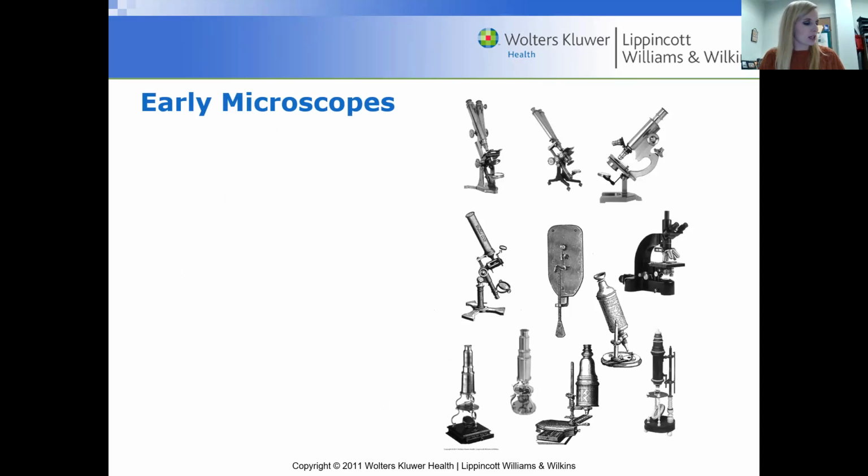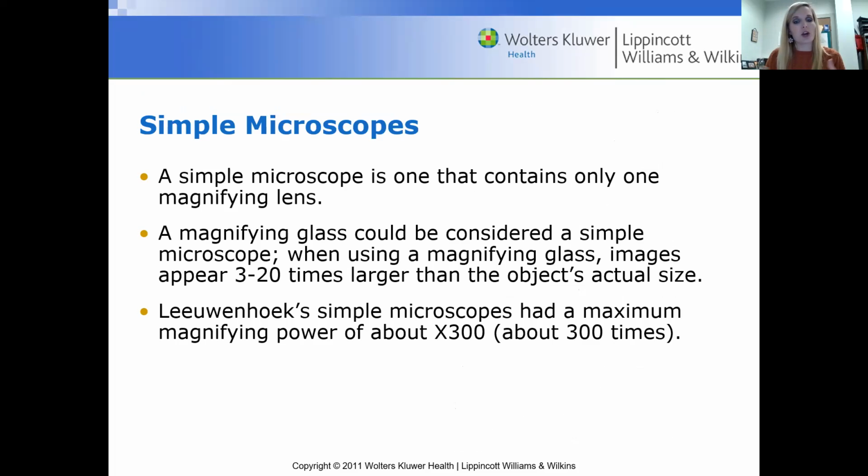So here are some of your early microscopes, those earliest known microscopes. Anton van Leeuwenhoek's microscope is in here. When he invented that instrument, people came after him and said, I'm going to try to make that better, and we've seen many different microscopes since then as time has progressed.